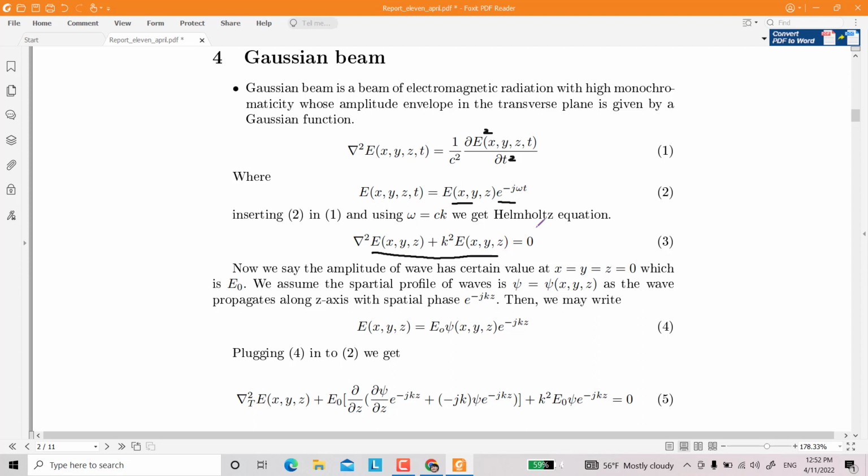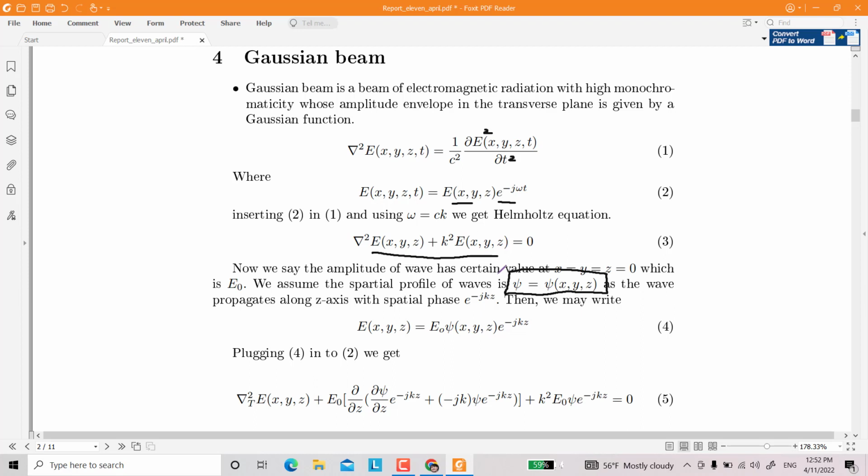Now we assume that as the wave propagates, the spatial profile of the wave is psi, the amplitude profile, or you can say the geometrical profile or the shape of the wave envelope, which is psi as a function of x, y, z, right?